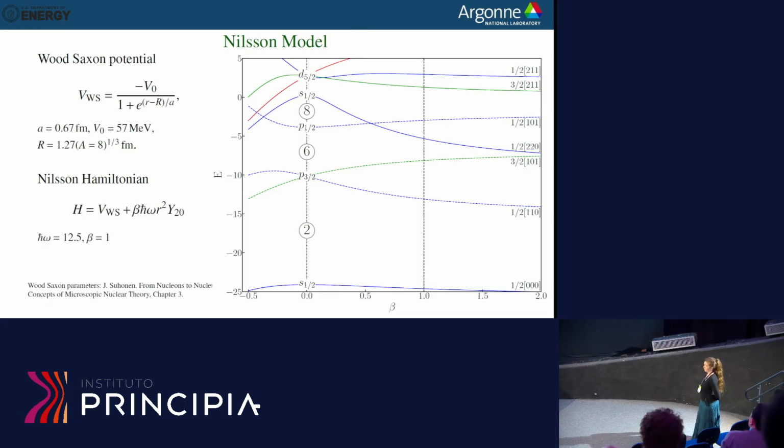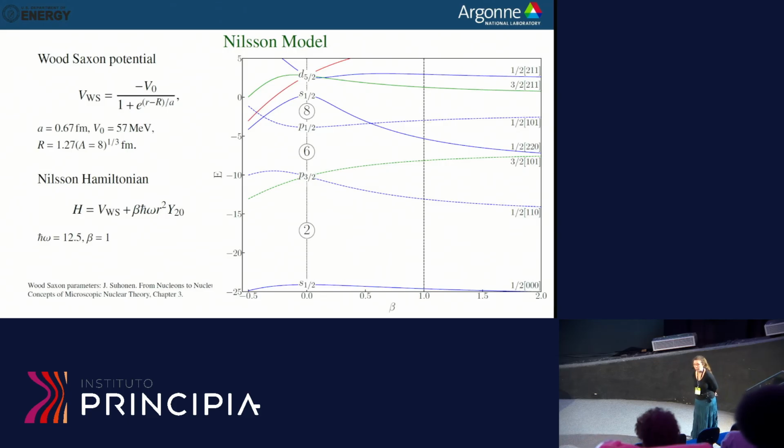So the Nilsson model I took here is just a Woods-Saxon Hamiltonian to get the beta equals 0, or no deformation, energies, and then you add on your deformation term in the sort of Nilsson-like Hamiltonian, and these are the energies that you get out.